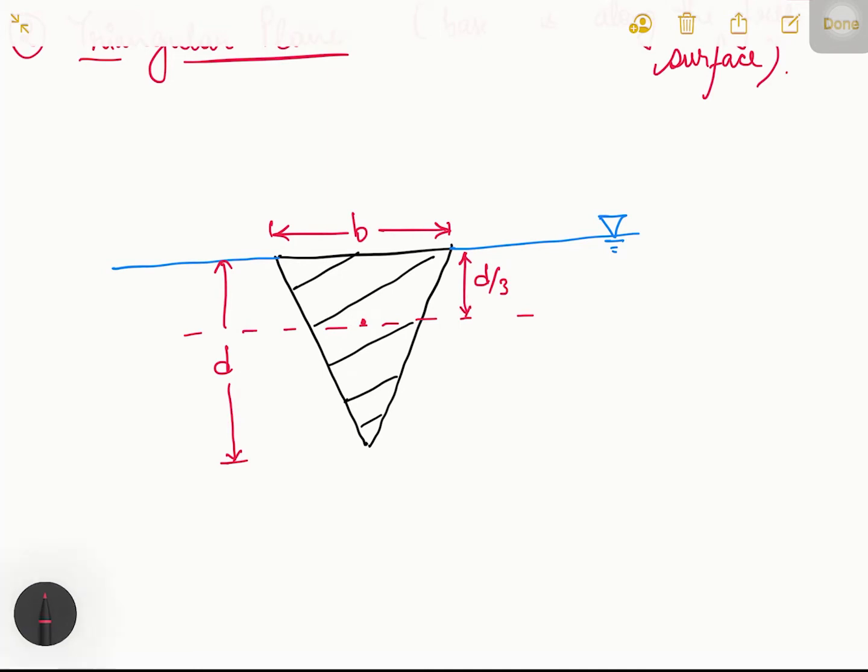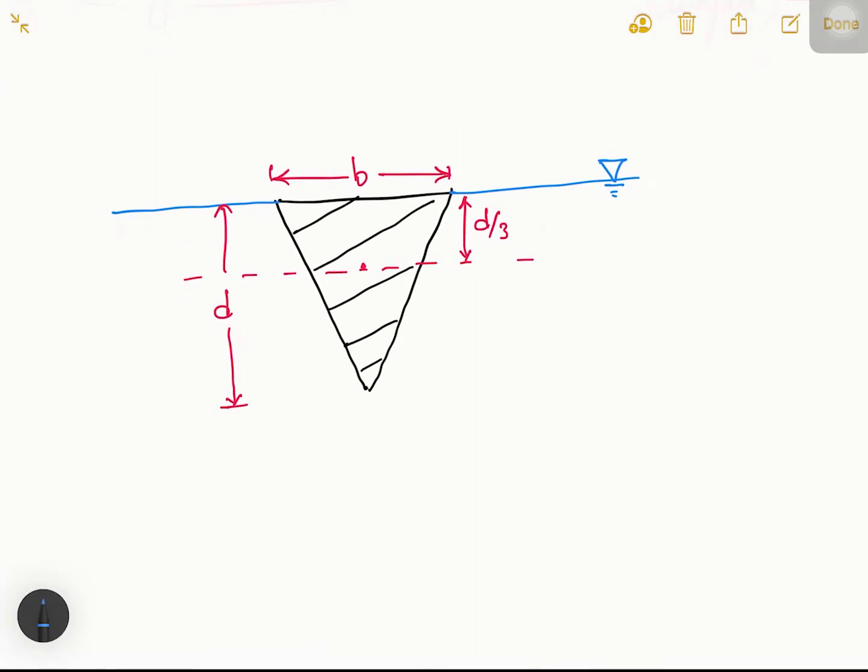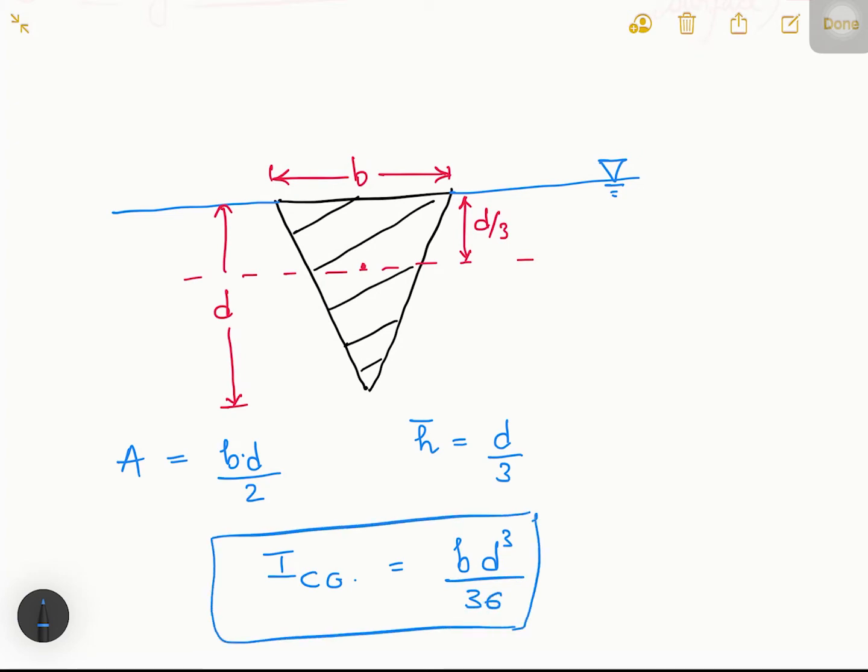With this we can quickly write down the various values. Here A will be BD by 2. Next, the H bar value will be D by 3, calculated from the free surface. The ICG value in this case is BD cube by 36. So these are some of your values.